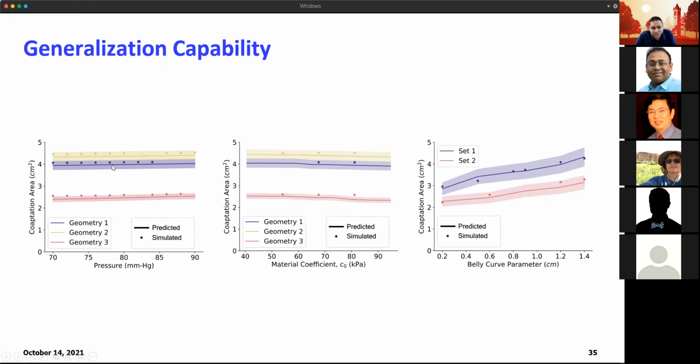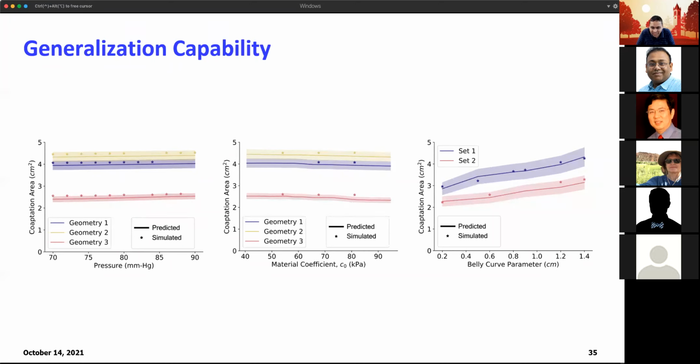Not only that, we also simulated these using the simulation software, which has been separately validated. What we found was that in almost all cases, the predicted coaptation area was within, say, 5% error of the actual simulated value.